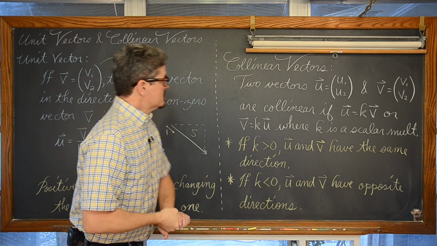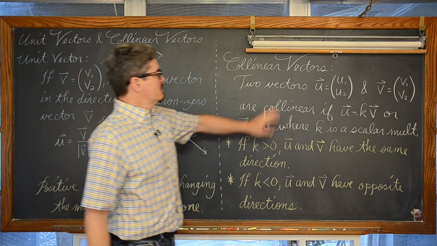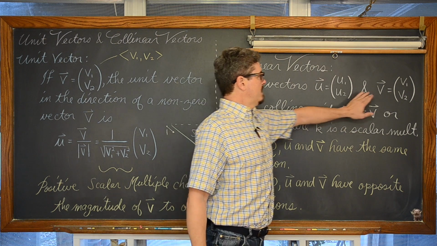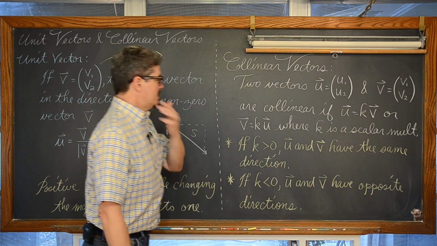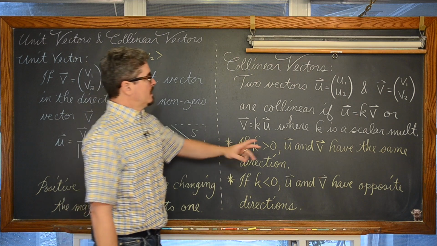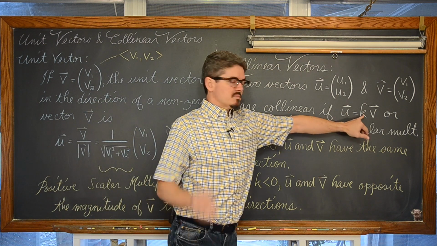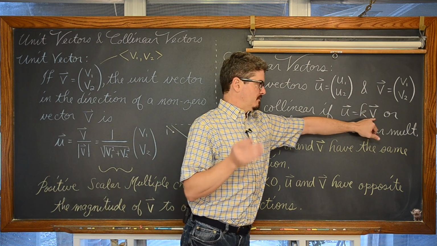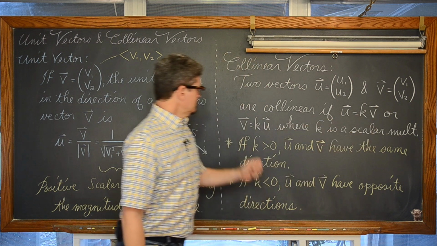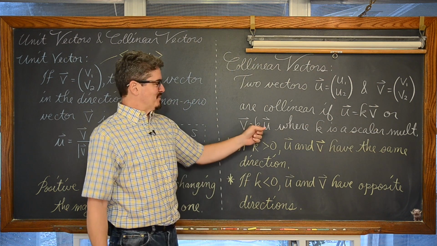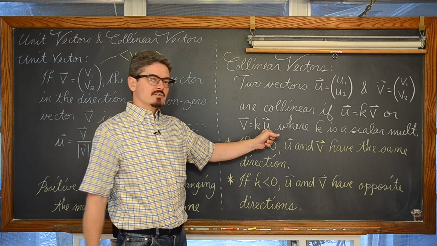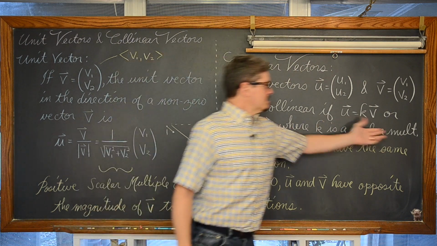Now, collinear vectors, well, that's 2 vectors where we have vector u, which is u sub 1, u sub 2, and vector v in its component form, v sub 1, v sub 2, are collinear if vector v is equal to some scalar multiple of vector u, or vector u is equal to some scalar multiple applied to vector v, where k is some scalar multiple.